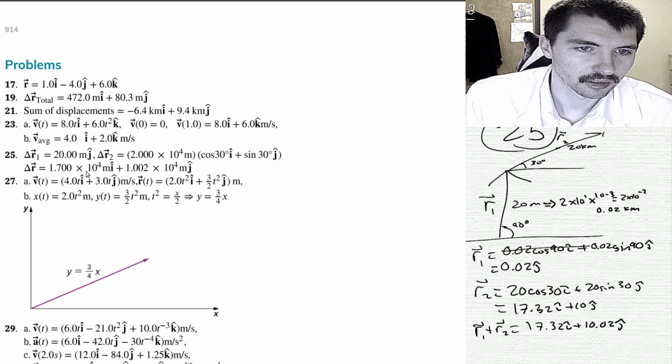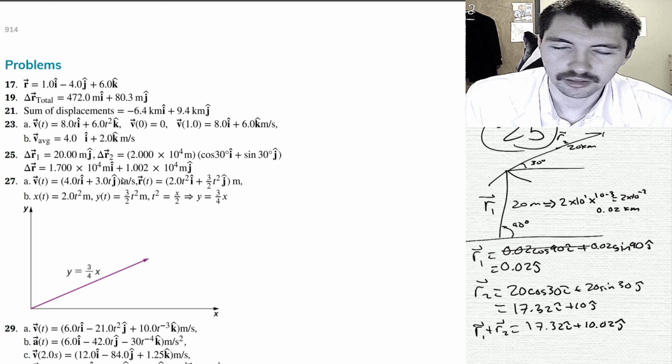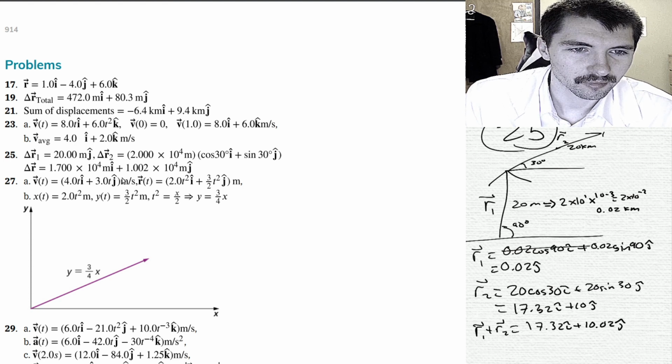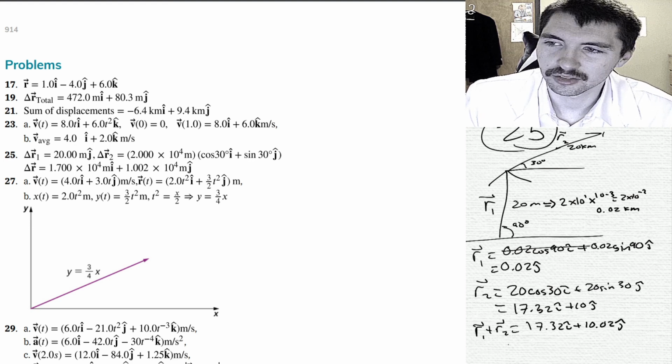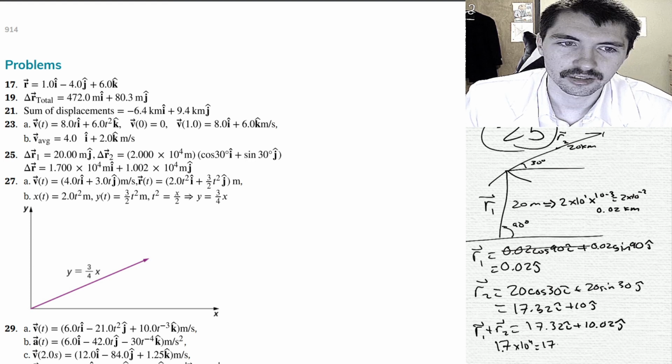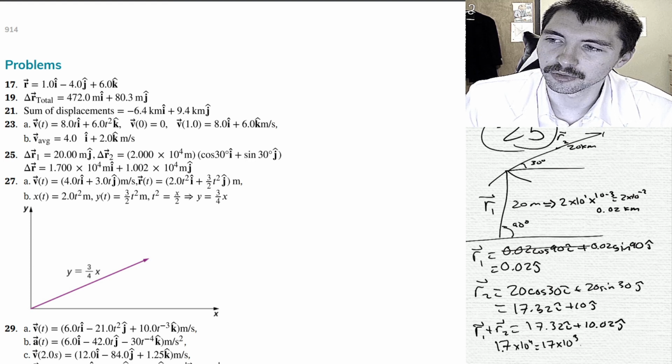So think about it like this: 1.7 times 10 to the 4 is 17 times 10 to the 3 meters, which is 17 kilometers.